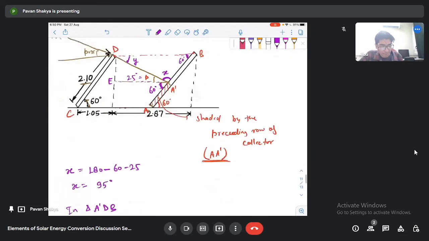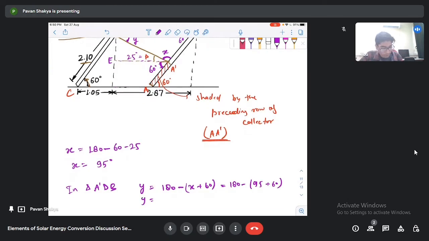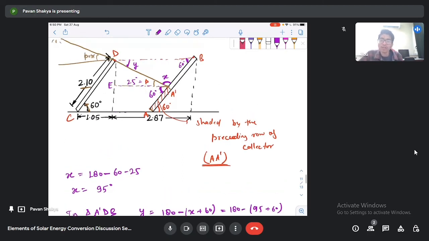Let's say Y. This Y will be equal to 180 minus the summation of this X and 60 degrees. As we have calculated X as 95, when you put it in, you will find that this Y comes out to be 25 degrees.